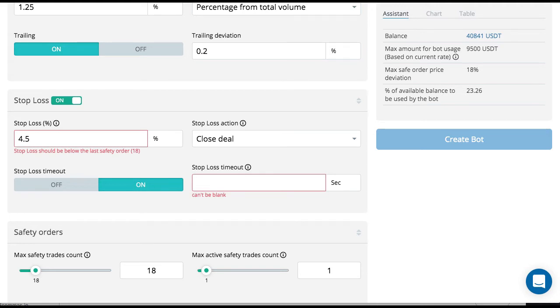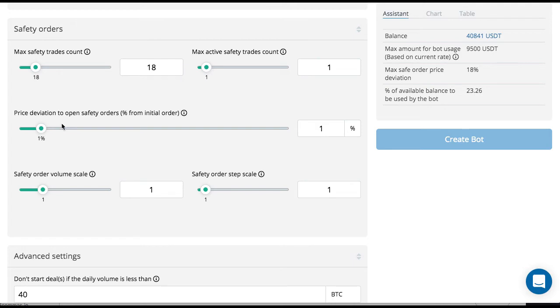So you may want to set this for 5 minutes or 60 seconds or whatever to say, if it hits my stop loss level, don't close this trade until 60 seconds has passed. At the end of 60 seconds, see if it's still at or below my stop loss level. If it is, then let's close the trade. So that's the idea behind a stop loss timeout.